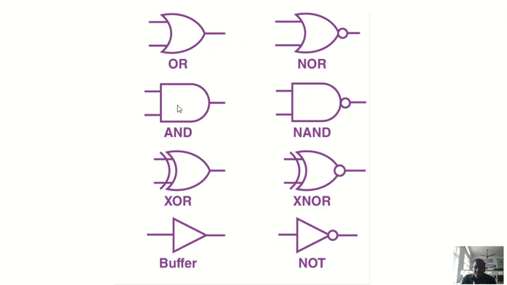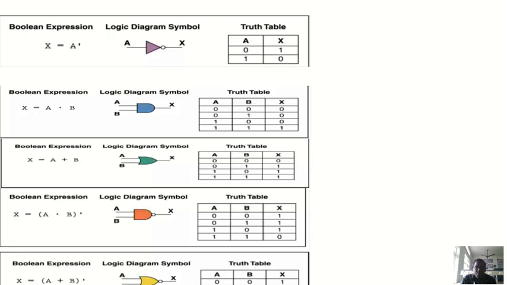Like that, AND gate and NAND gate have the small bubble connected. Then the XOR gate, XNOR gate, the buffer, and the NOT gate. These are some basic blocks; like this we have different types of gates.